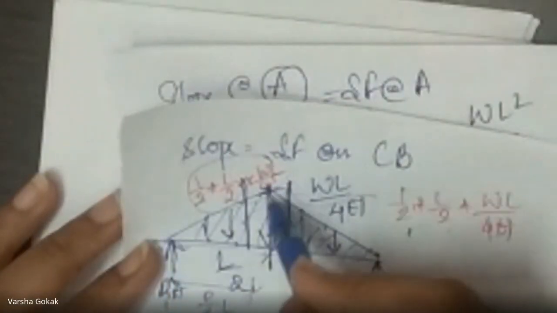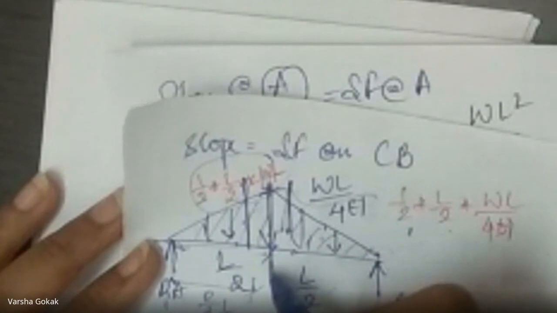Now look into this figure. If I want the bending moment at the center point, how will I get it? It is going to be RA into L by 2 minus this area into 1/3 of L by 2. I want the bending moment at this point on this beam.